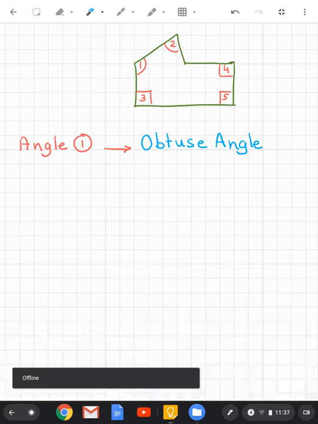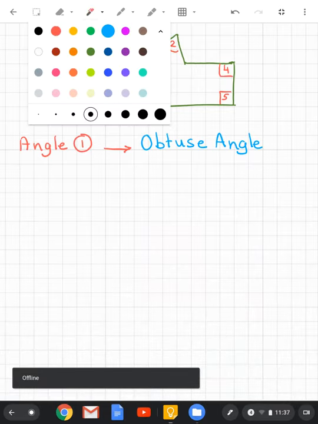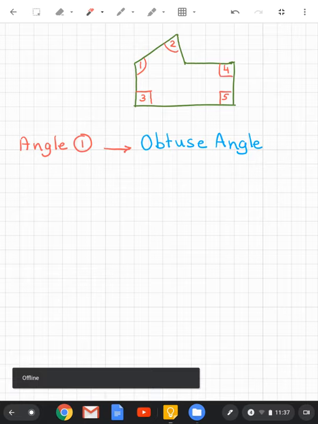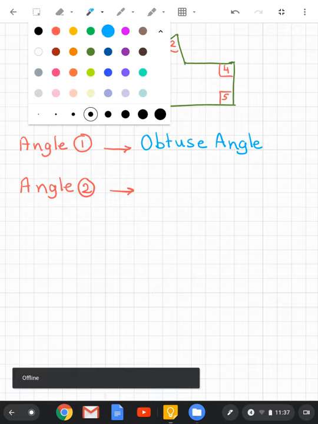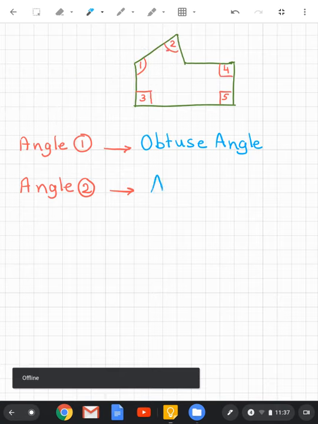Let us see, what about angle number 2? From the drawing we see that angle number 2 is, yes, acute angle.